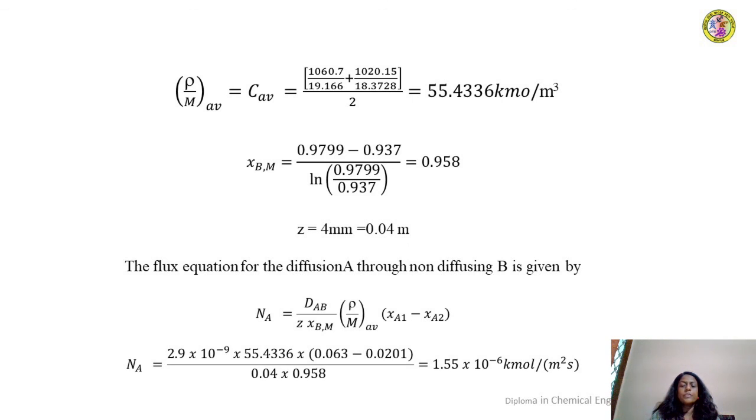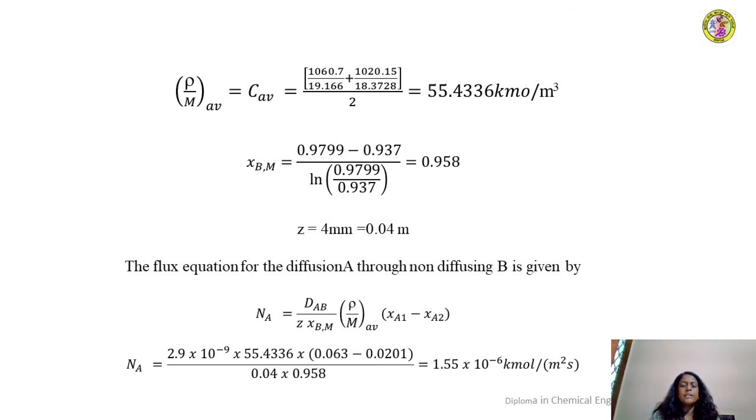The flux equation for the diffusion of A through non-diffusing B in terms of mole fractions is: NA equals DAB by Z XBM into rho by M average into (XA1 minus XA2). So DAB is given as 2.9 into 10 raised to minus 9, rho by M average is 55.4336, XA1 is 0.063, and XA2 is 0.0201.